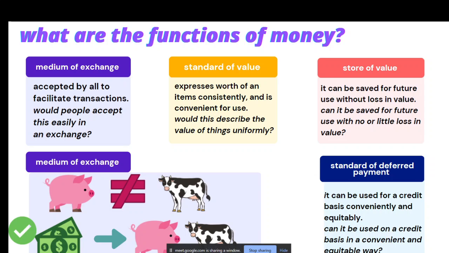Is it easy for people to accept for exchange? So for example, here below, a pig and a cow. Although these are valuable in themselves, people would not generally use units of pig to trade for a cow, because they are not exact measurements or an equitable exchange.